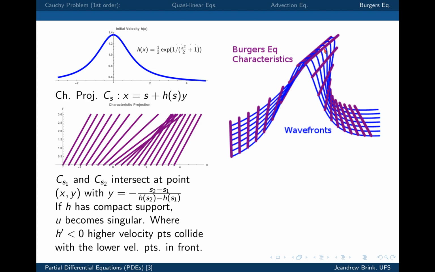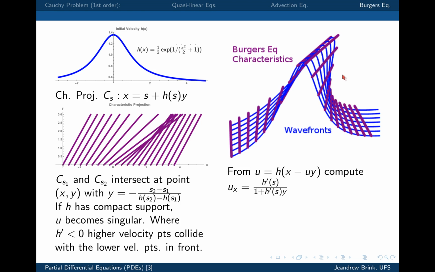So you can actually see that a high velocity point tends to catch the ones that have low velocity in front of it. And you can compute that when these high velocity points collide with the ones in front of them, this line here goes vertical, and that's when the shock occurs.